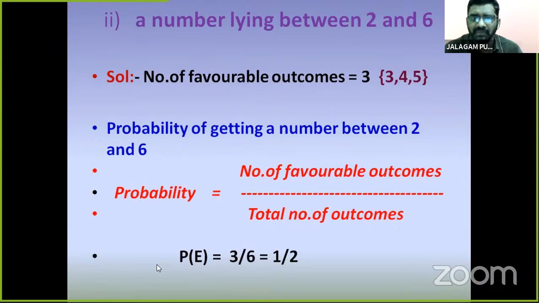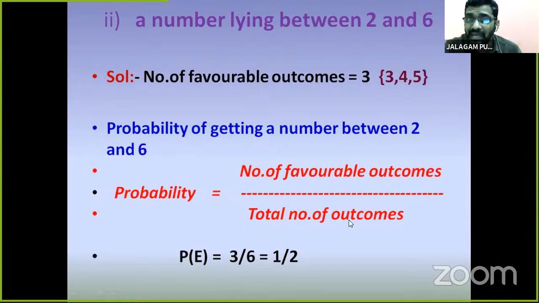Let P of E, where E is the event, mean a number lying between 2 and 6. So P of E is equal to 3 by 6. Why? 3 is favorable, 6 is total.